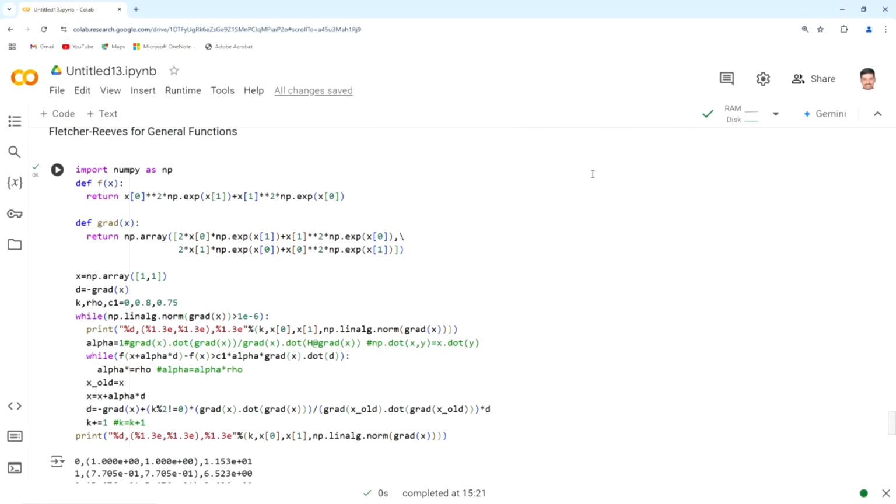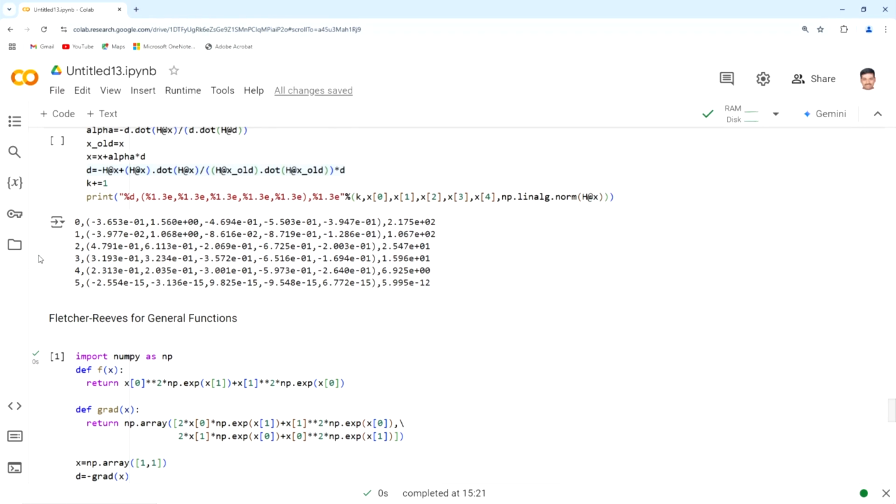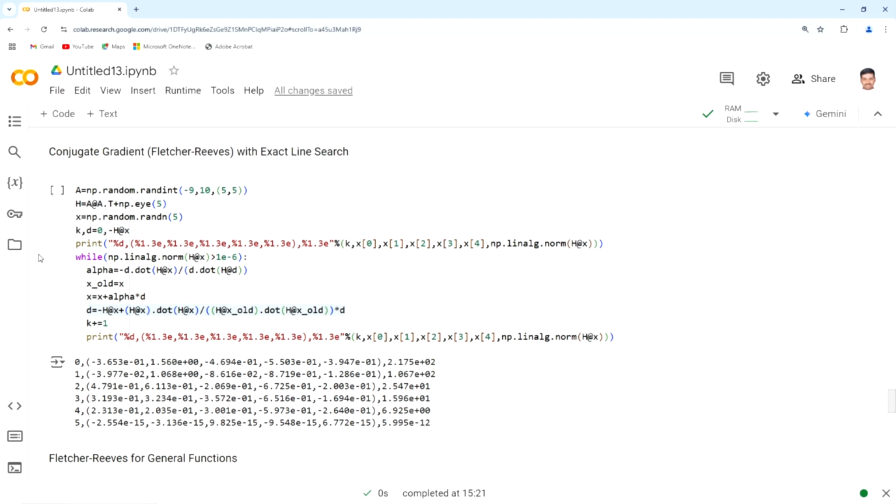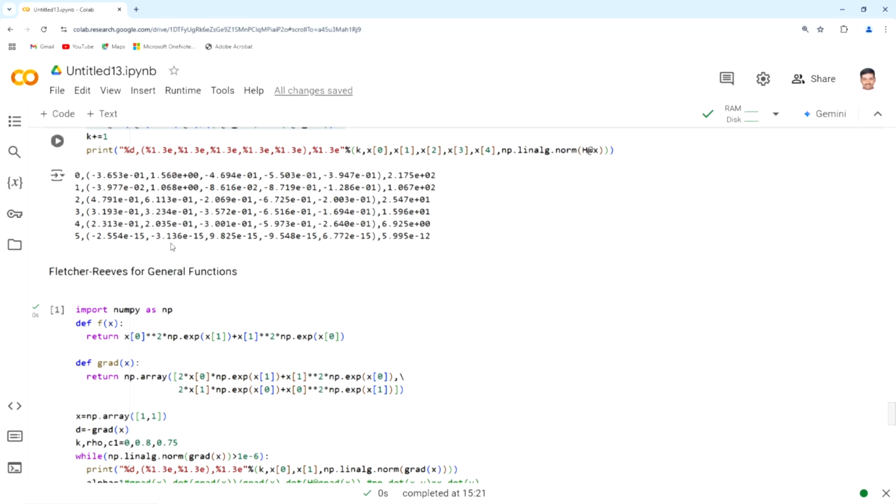Let us also work this out practically, using Python. In this case you just need H, you do not need to define f of x, grad of x and everything.